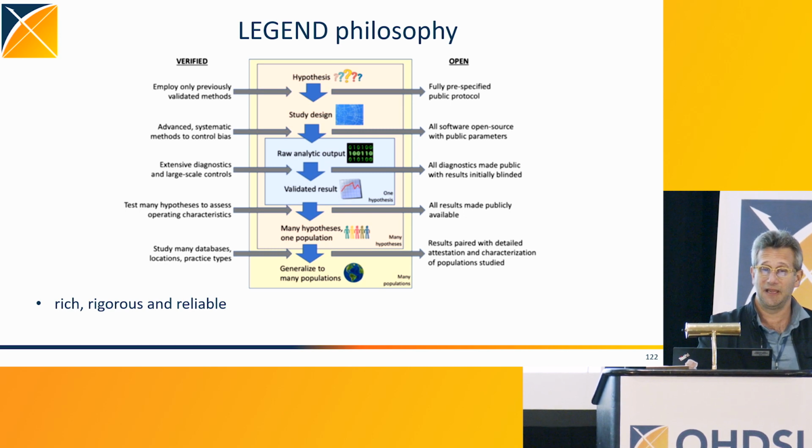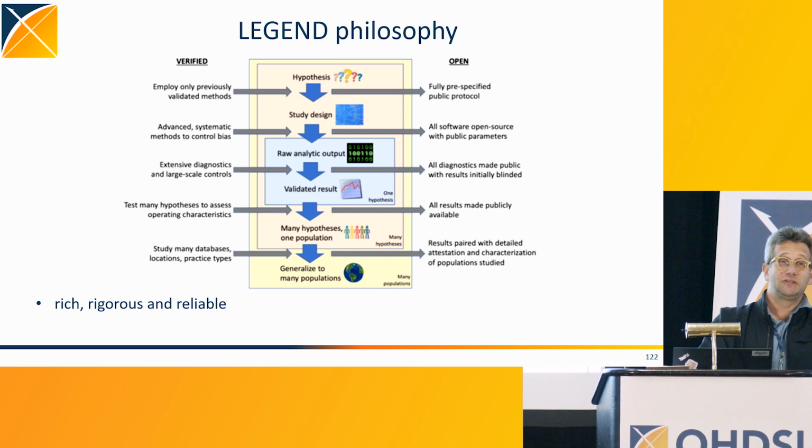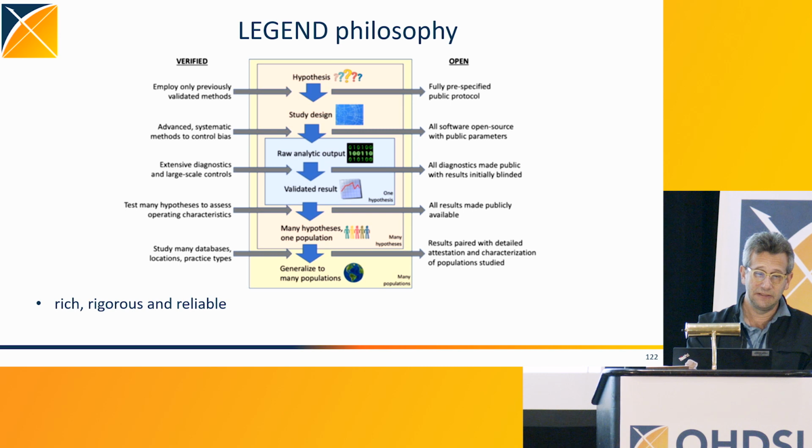In order to make this reproducible and repeatable, as Martijn described, everything's going to be open, from the fully pre-specified public protocol all the way down to each of the different result artifacts, whether or not they make it into scientific publications, reports to regulators, or engagement with the clinical communities.